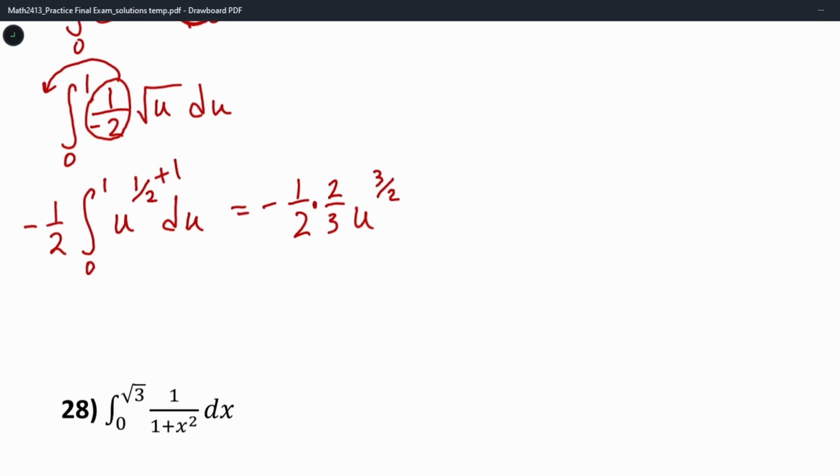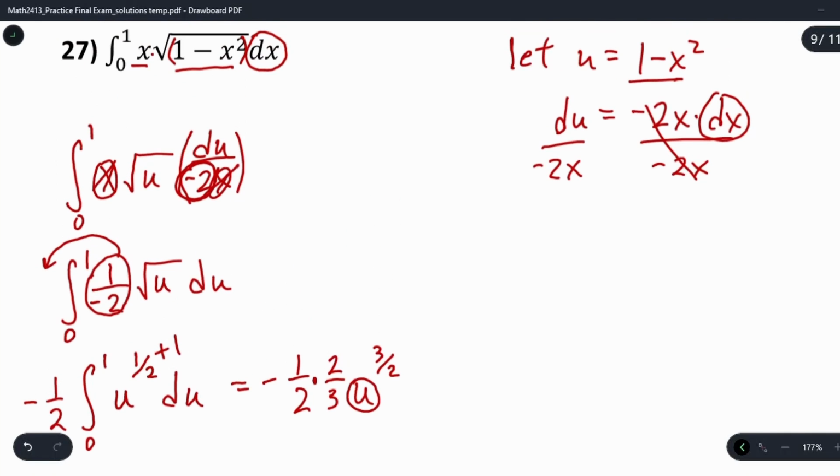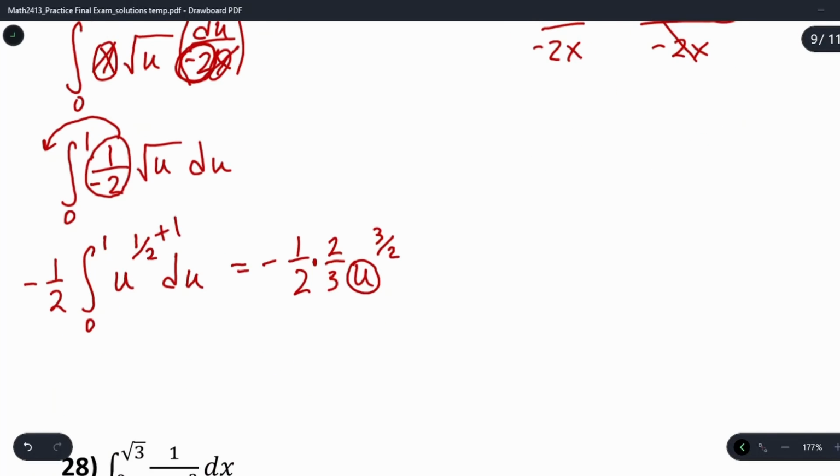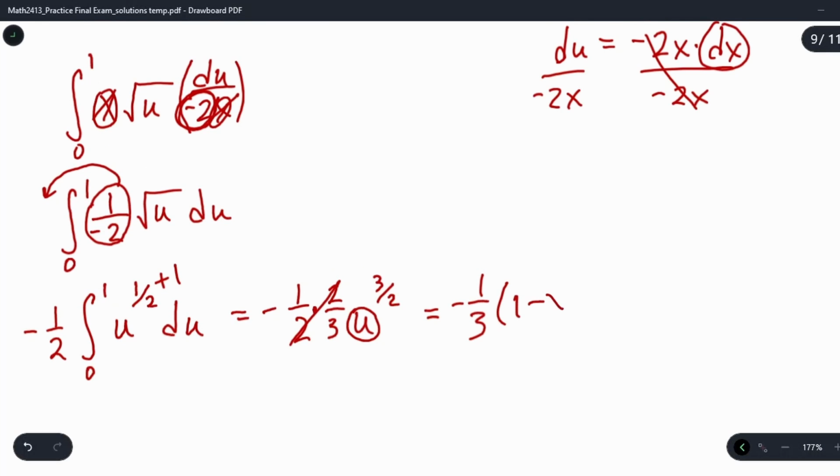That is our antiderivative, which we can then replace u with what it's equal to, which is 1 minus x squared. Okay, so then this is going to equal, here these 2's reduce out, giving us negative 1/3, 1 minus x squared, to the 3/2, and then remember this needs to be evaluated from 1 to 0.